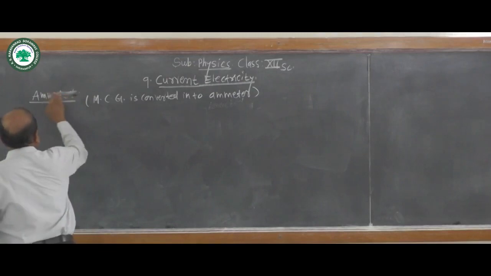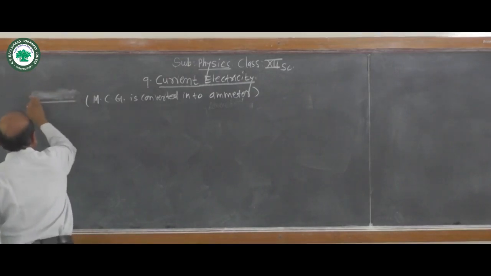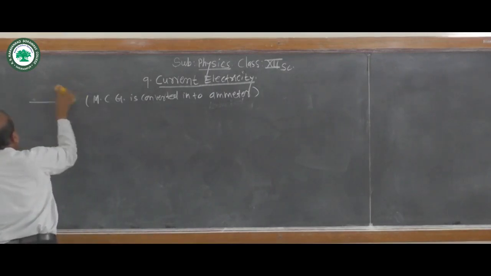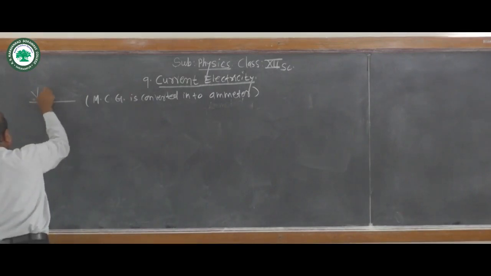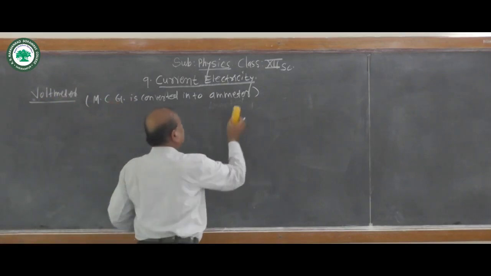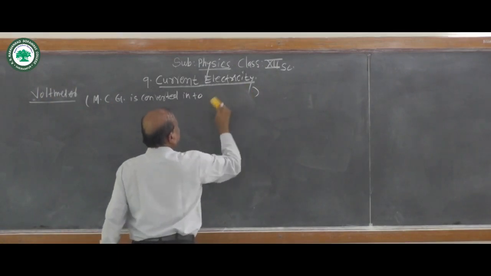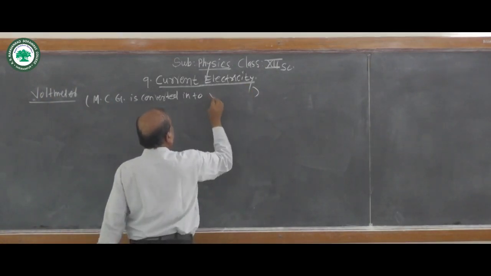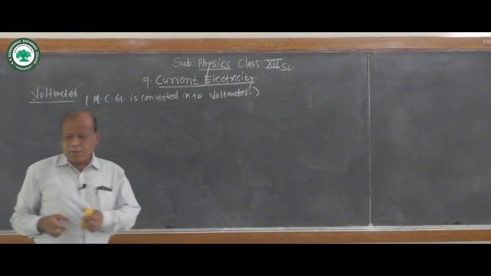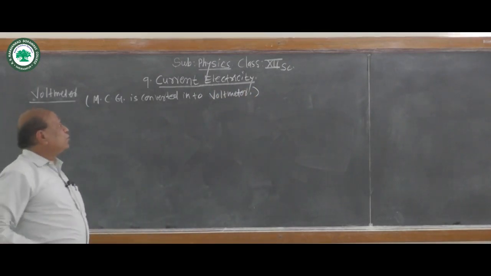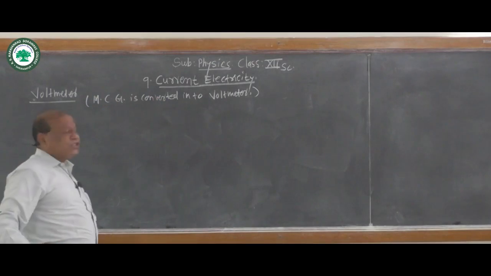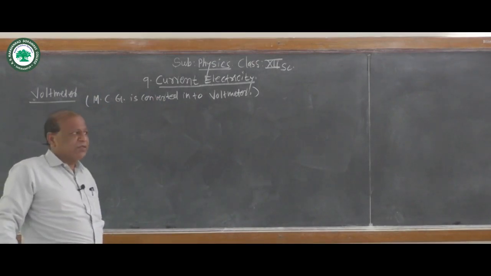Here the moving coil galvanometer is converted into a voltmeter. The voltmeter is used to measure the potential difference across two points of a circuit.